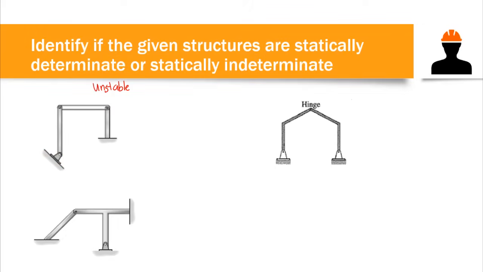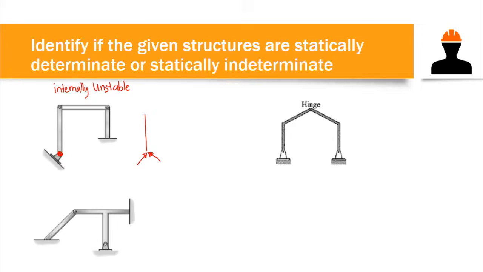So now let's try to determine if it is a determinate, indeterminate, or unstable structure. If we draw the free body diagram, at this hinge support we have 2 reactions, okay?